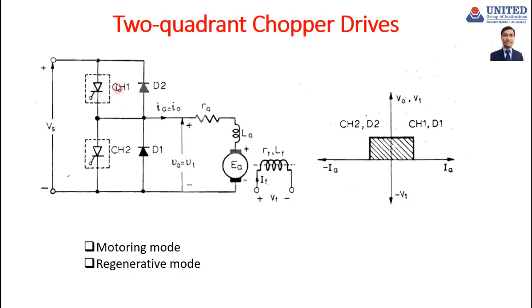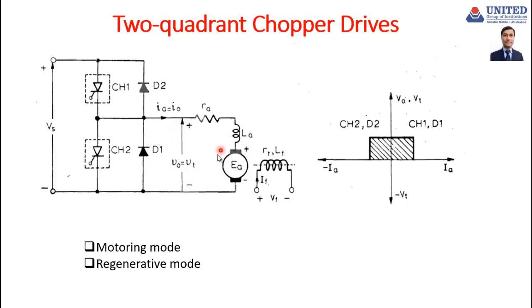When switch CH1 is turned on, the input voltage Vs is applied to the armature terminal and armature current increases. When switch CH1 is turned off, then freewheeling diode D1 conducts and armature current falls through diode D1.